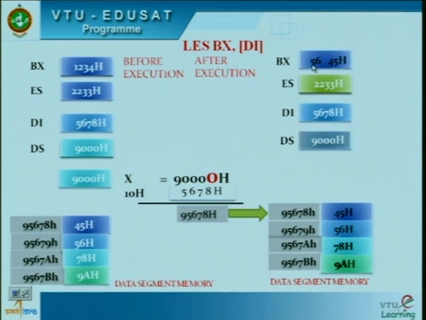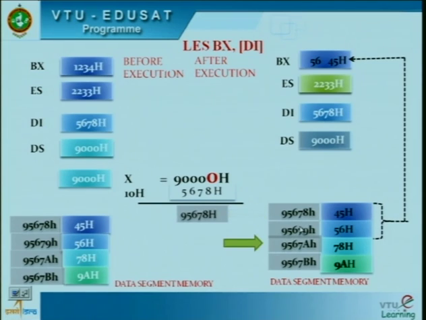So BX contents are filled from 95678 and 95679 memory locations, and for ES I take the data from 9567A and then 9567B, as shown in this figure.